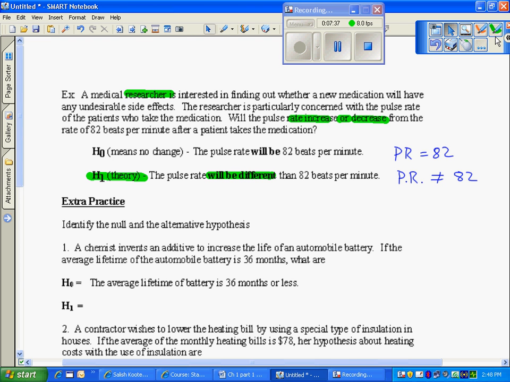The researcher has a theory that the pulse rate is going to change. Doesn't know if it's greater than, doesn't know if it's less than, just different than. So when they're testing this, they're looking for evidence that is not at 82, but greater than or less than. So they're looking at two sides of 82. I'm looking for pulse rates that are larger, pulse rates that are smaller. So in other words, we call this a two-sided test, because they're looking for evidence on either side of 82.